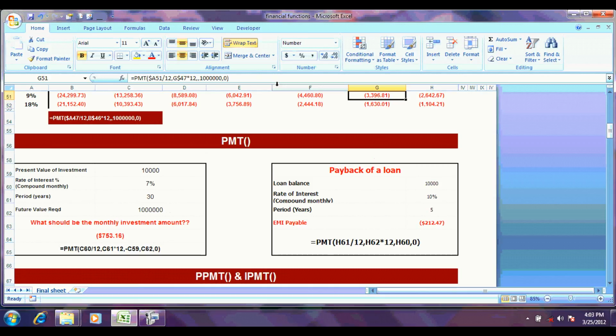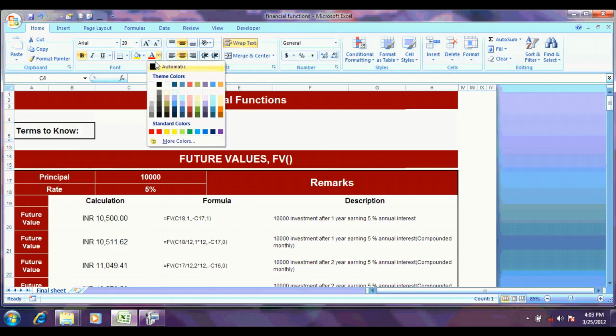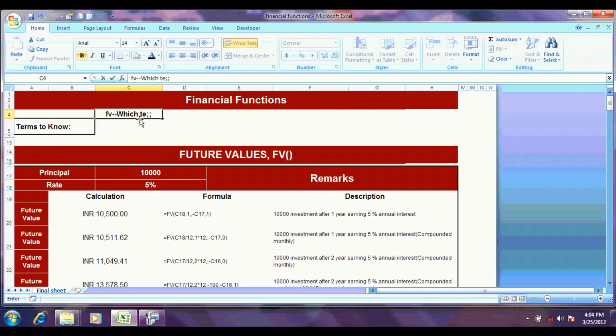Now just to refresh things, we learn about future value, which tells us the value of our investment at a future date.